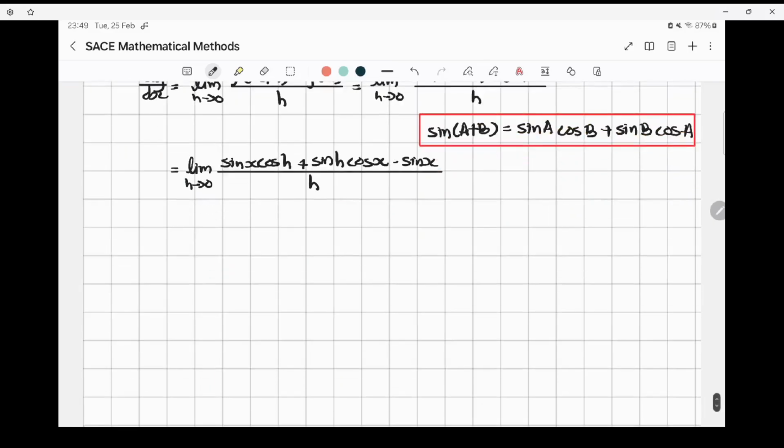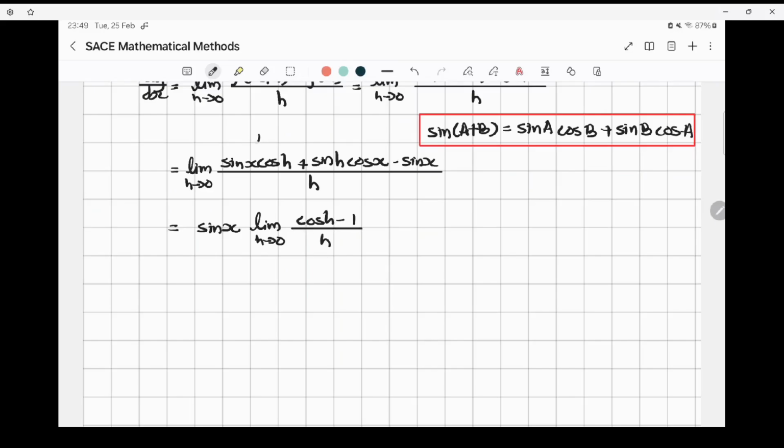At this point you can introduce another notion, but let's not do that for now. Notice that sine x you can factorize out. There's no h inside. So you have the limit as h approaches 0 of cos h minus 1 divided by h.